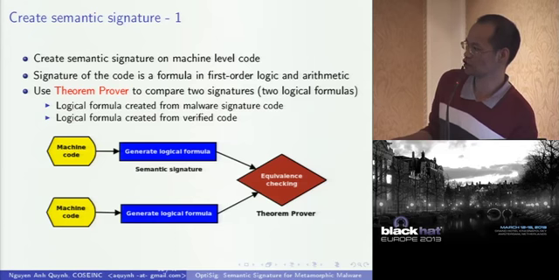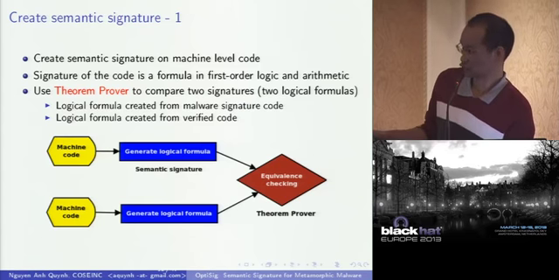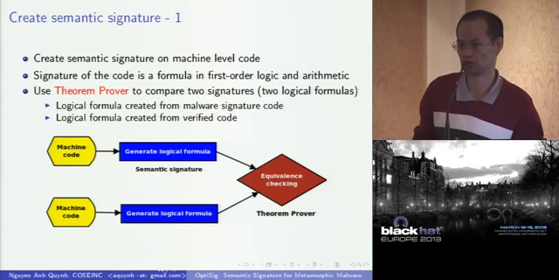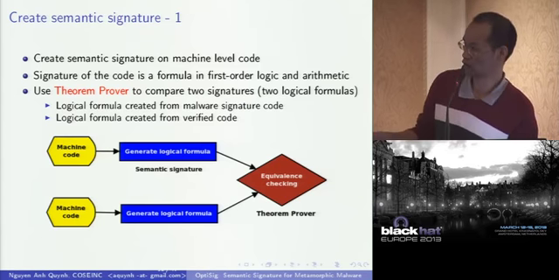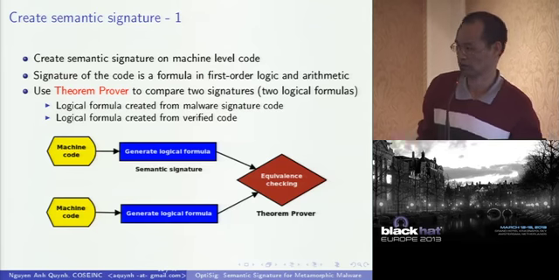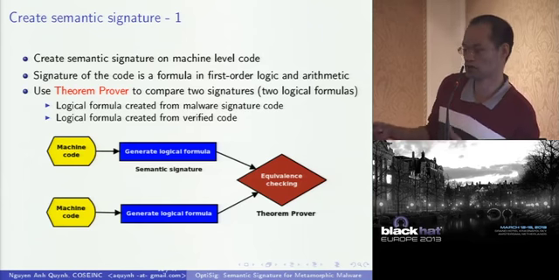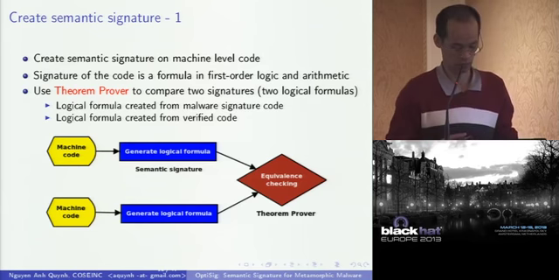We also generate the logical formula for this code. After that, we feed these two formulas to the theorem prover, and this one can tell you whether these two formulas are equivalent or not, which means whether these two codes are equivalent or not. And if we have the yes or no answer here, we can solve our problems.